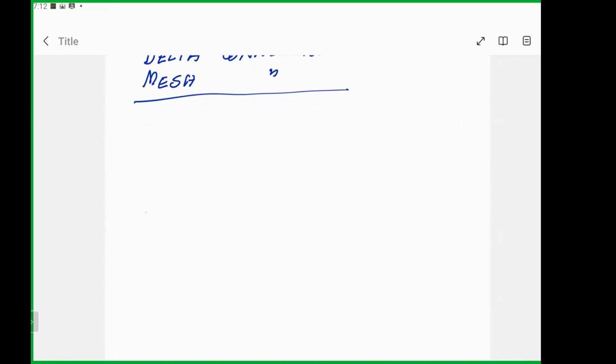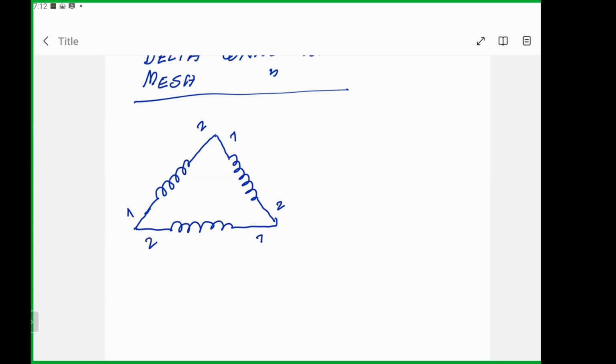So if you have a delta connection, we are considering that it will look like a delta. So we can consider terminal 1 and terminal 2. Then we can have this one, and we can have this one. So terminal 1, terminal 2, terminal 1, terminal 2. And then we can extend this one with this line.